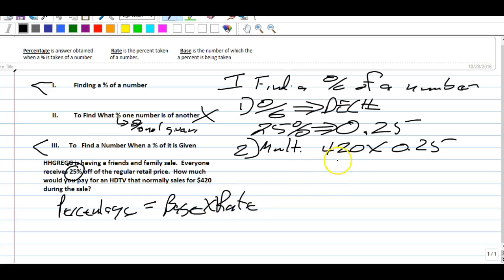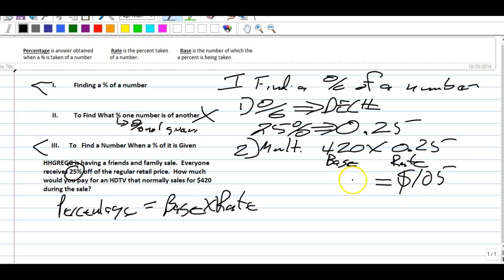So my base price is $420, and my rate expressed as a decimal is 0.25. So I multiply, and that gives me, and again, I'm not going to actually show you the computation, $105.